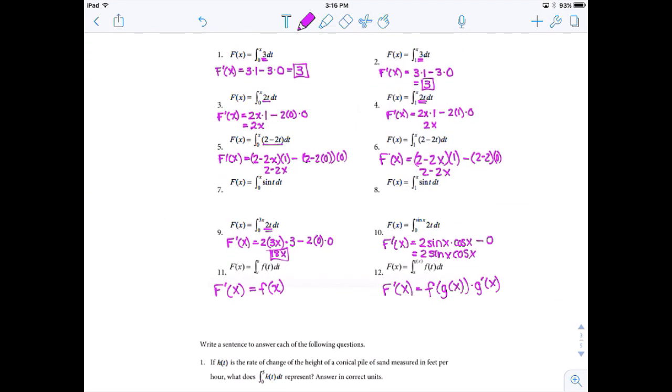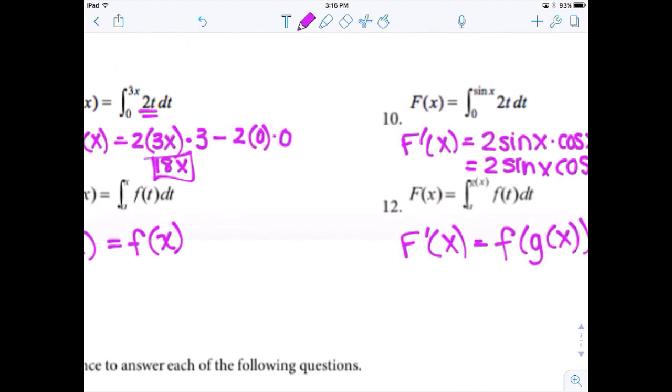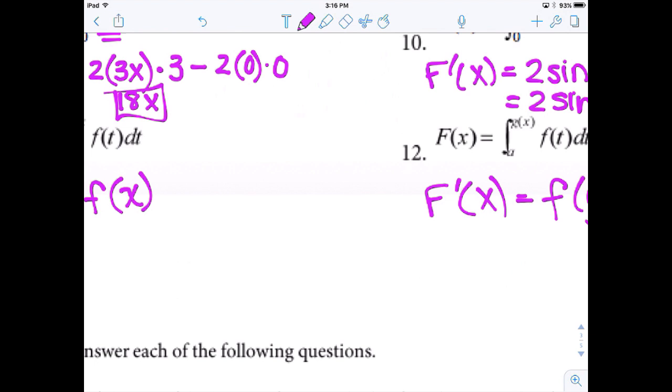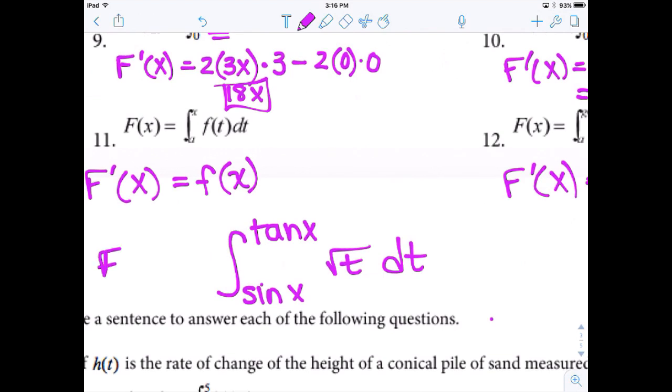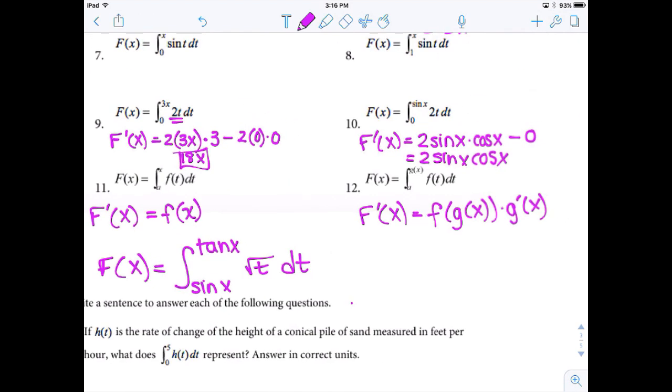Now, let's do one where we actually have functions in both bounds, and then we'll move on to actually doing some interpreting. So here, looking at these bounds, let's say I go from sine x to tan x, and my function is radical t dt. Okay, so this is my capital F of x, and I want to find capital F prime.